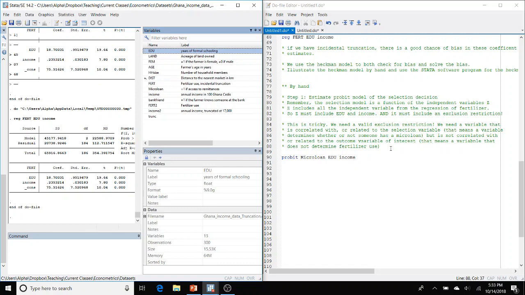Now, the first step in identifying a valid exclusion restriction is intuition. We have to think about what makes sense. So let's go through the variables. Education.